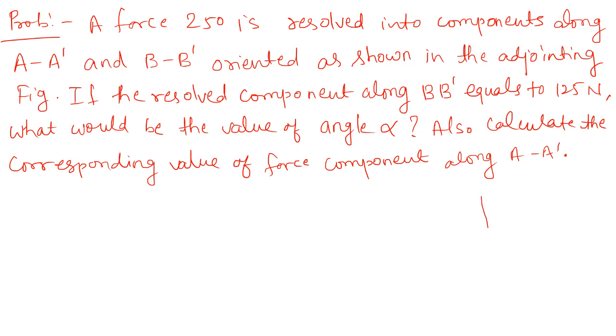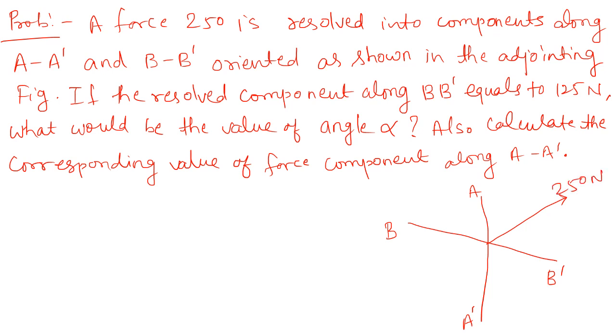So let's suppose this is your A and A prime, and let's suppose this other line is B and B prime, and there is a force that is 250 Newton.